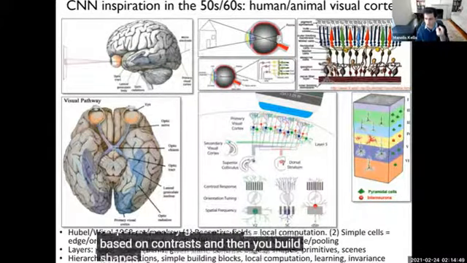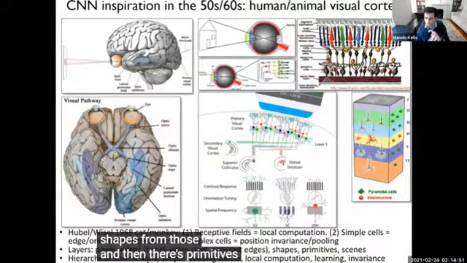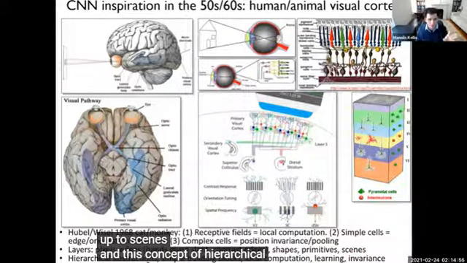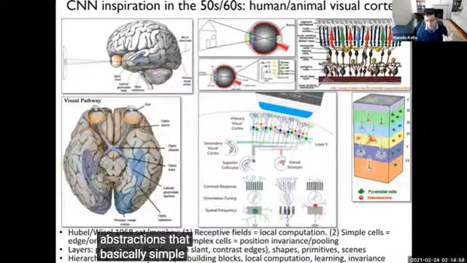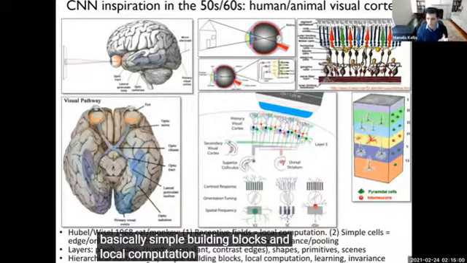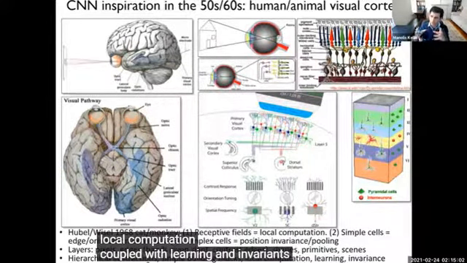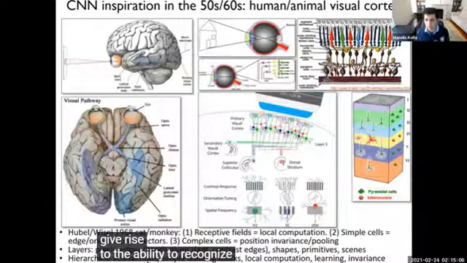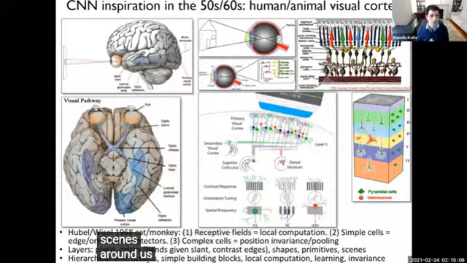And then you build shapes from those, and then there's primitives that build up to scenes. And this concept of hierarchical abstractions, that basically simple building blocks and local computation coupled with learning and invariance give rise to the ability to recognize complex scenes around us.